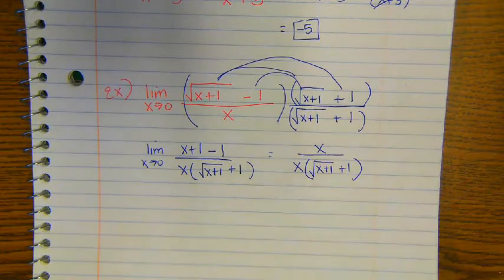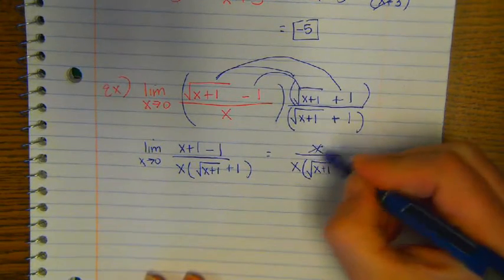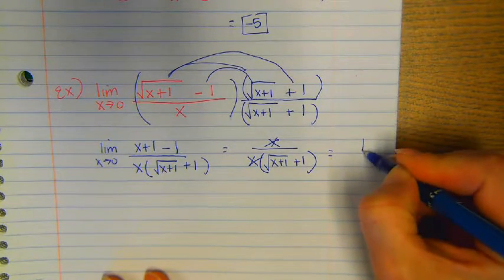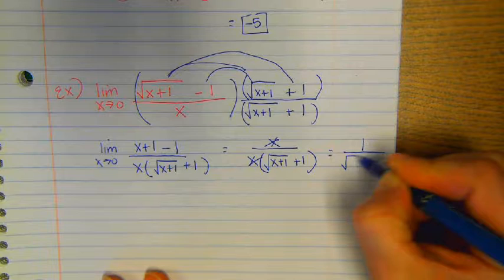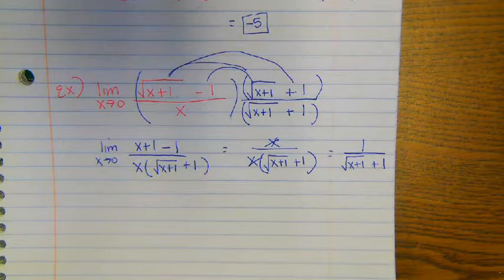Do you see why I left the bottom alone? What can I do with those x's? Yep. So now I have left on top 1 over the square root of x plus 1 plus 1. Now put 0 in and see what happens.